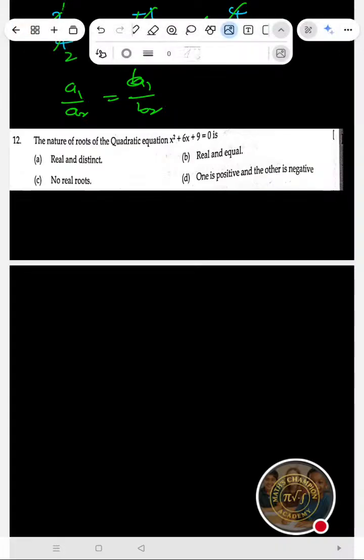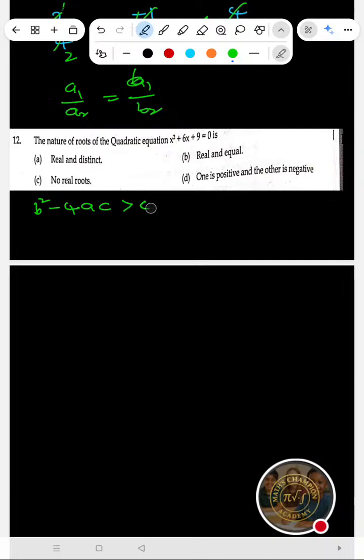Condition for the real roots. There are three conditions. So if you look here, first condition, b square minus 4ac.